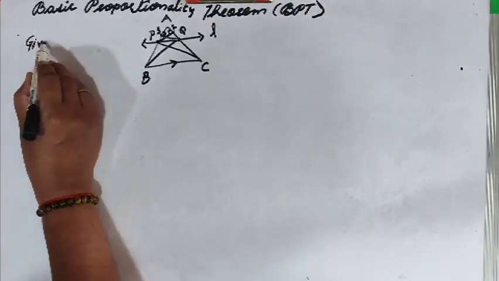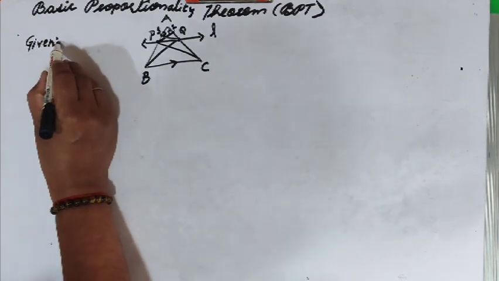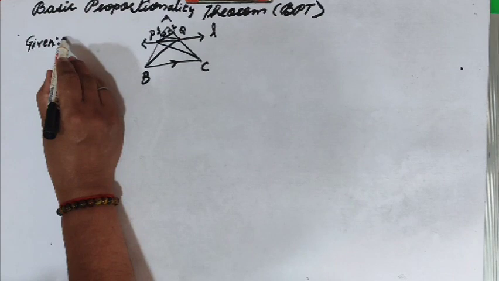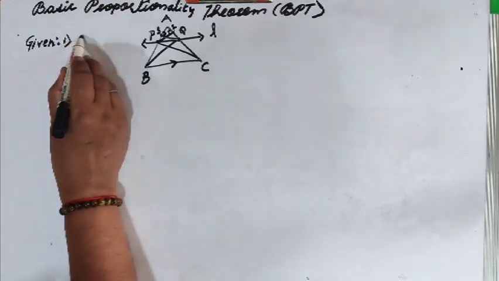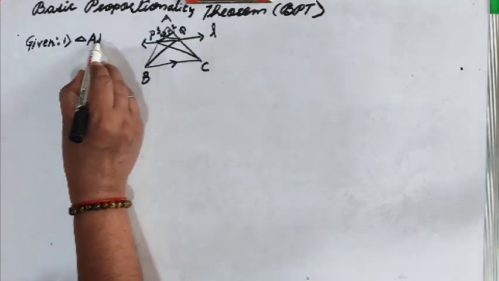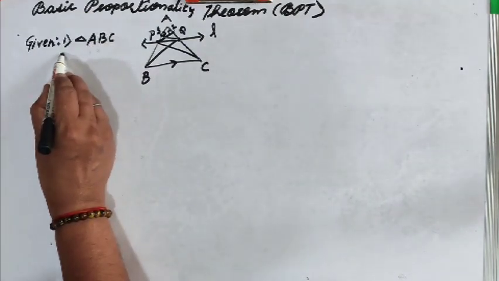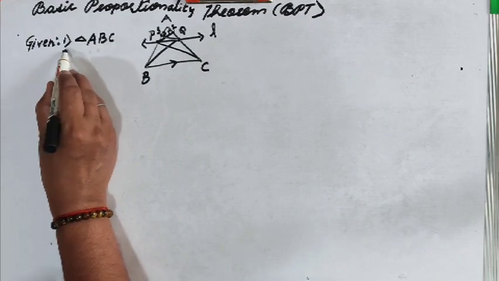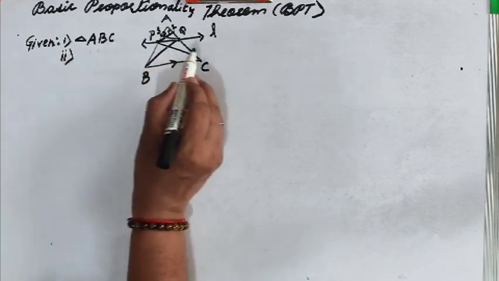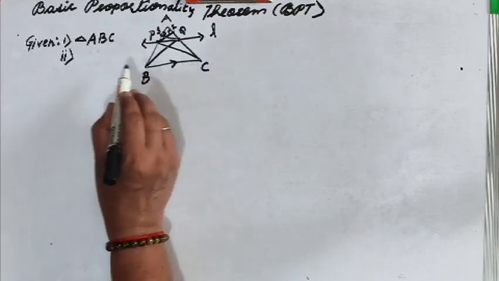So under the given, you can write what is known to you. First of all, triangle ABC is given to you. Is it clear to you, children? ABC is a triangle. Second point, as earlier I told you, L is a line which is parallel to BC.